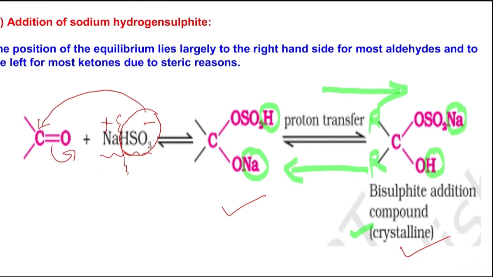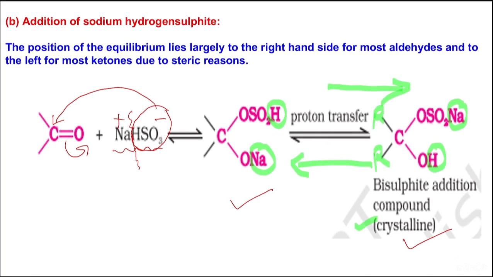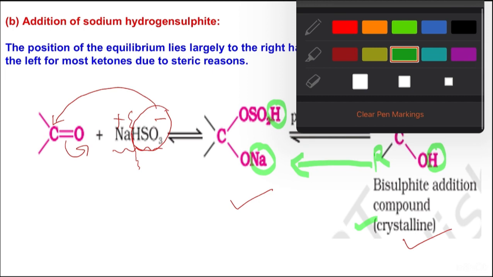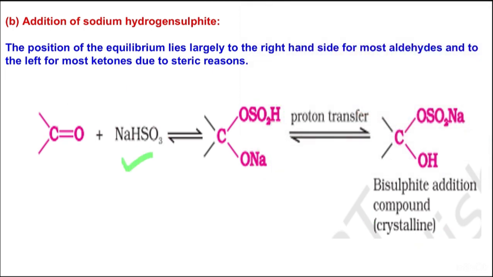And this is a very important reaction for purification of aldehydes, because generally aldehydes are more reactive for this reaction. So, if you have a mixture with impurities and aldehydes, and you want to separate the aldehyde, you will simply add NaHSO3.